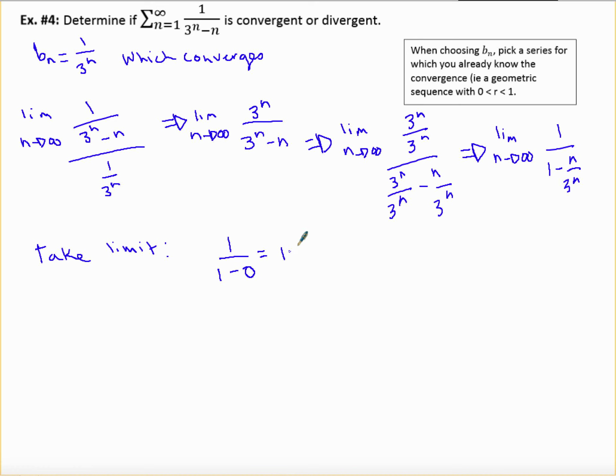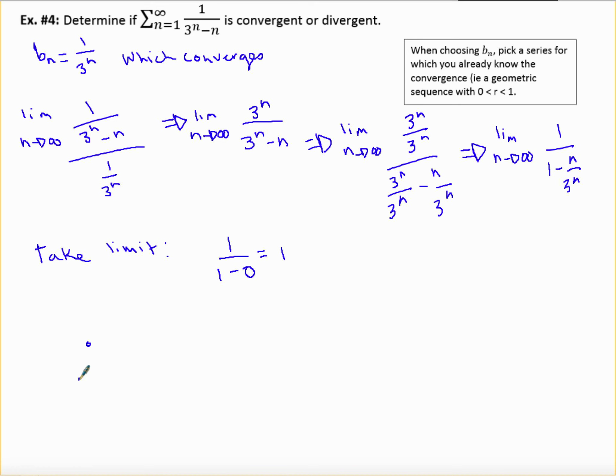I was just looking for a constant, and the limit comparison test says if you get a constant, it doesn't say that it converges. It says it either converges or it diverges, both of them, sequence a sub n and b sub n. But since we already know that b sub n is a convergent series, then we know that a sub n has to be as well.